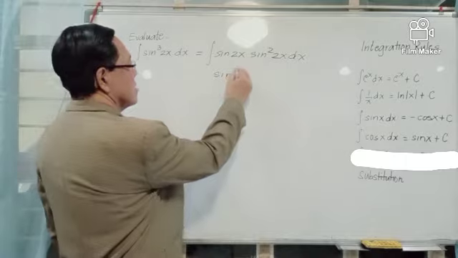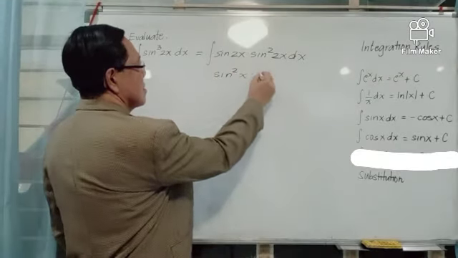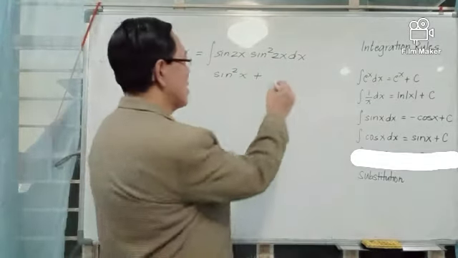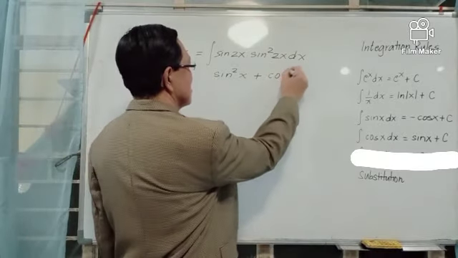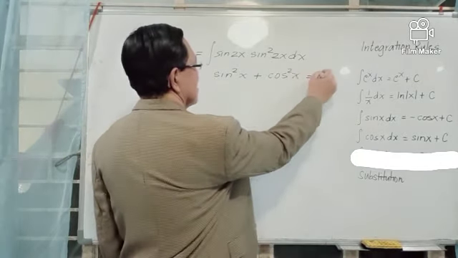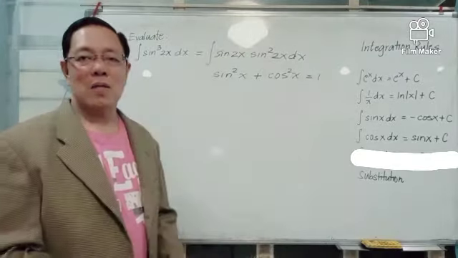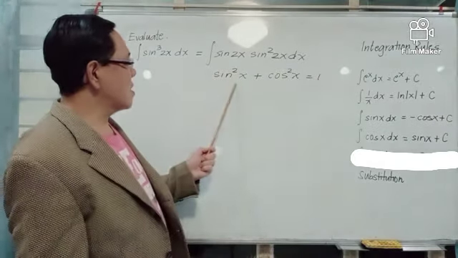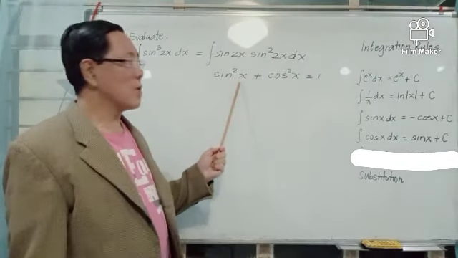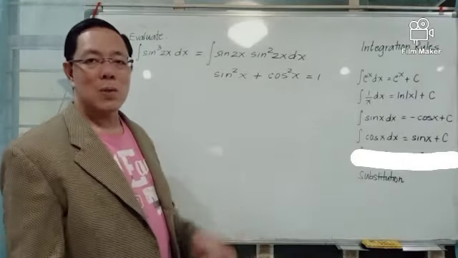Now, it is in sine squared 2x that we make use of the Pythagorean identity that says the square of sine plus the square of cosine is equal to 1. But instead of x, we will use 2x.